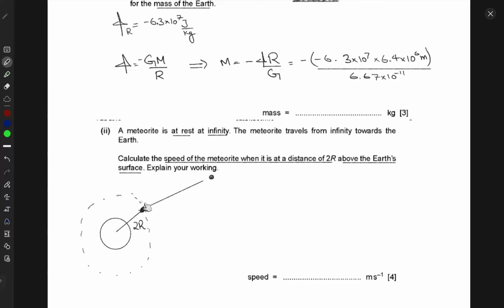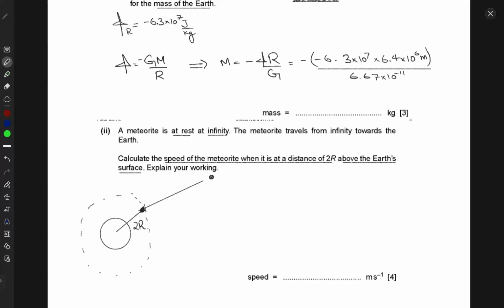Anyone in the class who would tell me how we would go about this problem? How can I find the velocity of this meteorite, which was at one point somewhere very far from the Earth, and now it is at some point which is 2r from the center of the Earth?